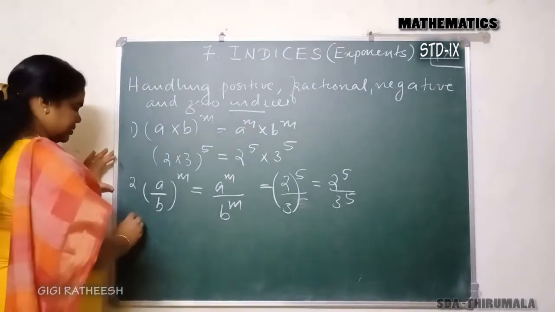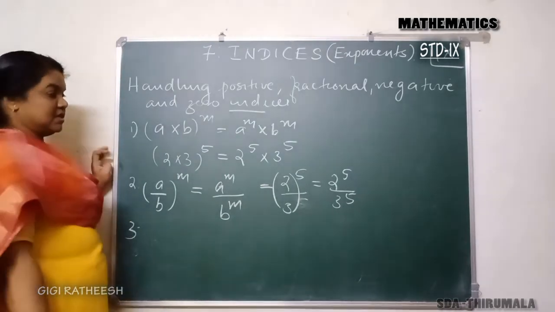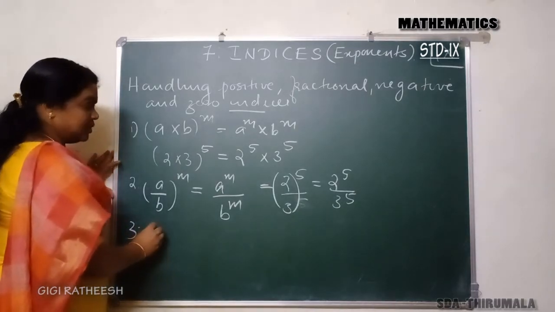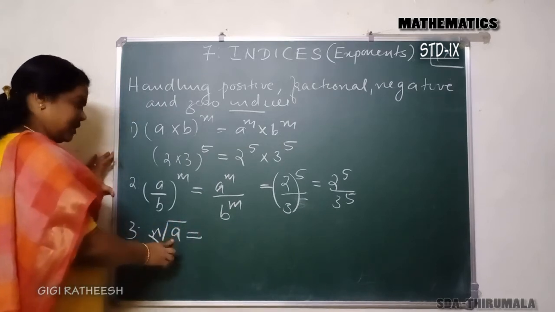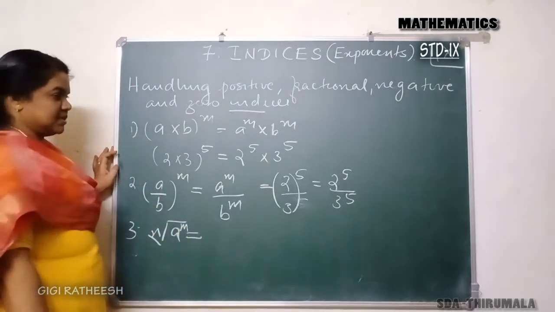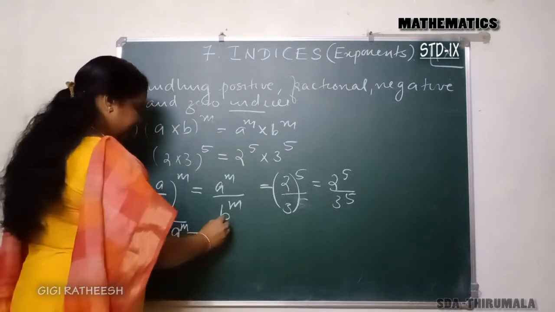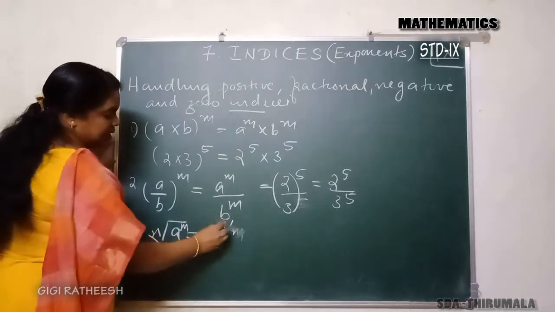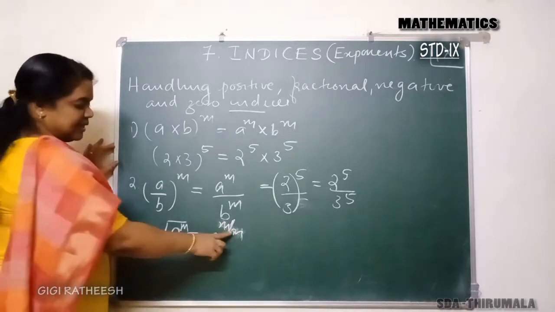And the third one is the nth root of a. The nth root of a raised to m is equal to a raised to m by n.